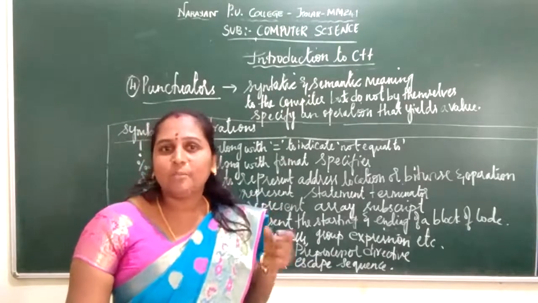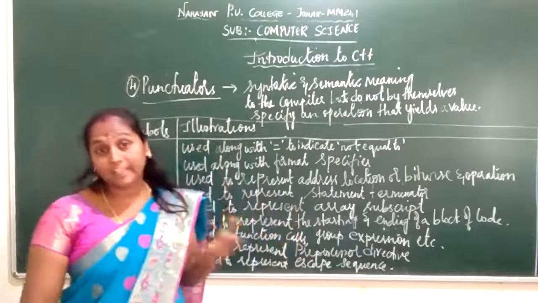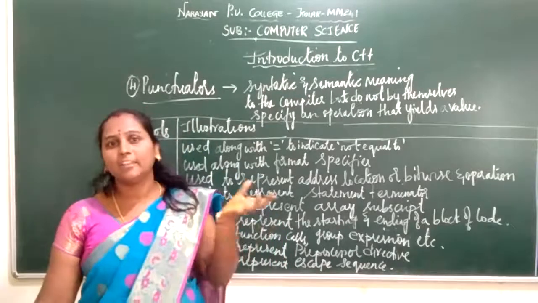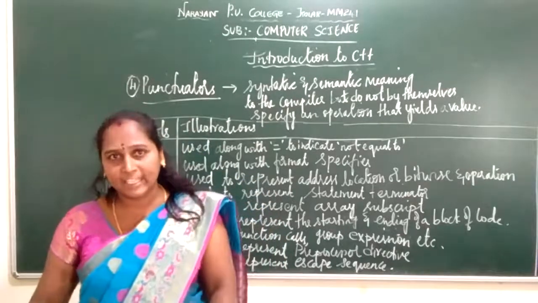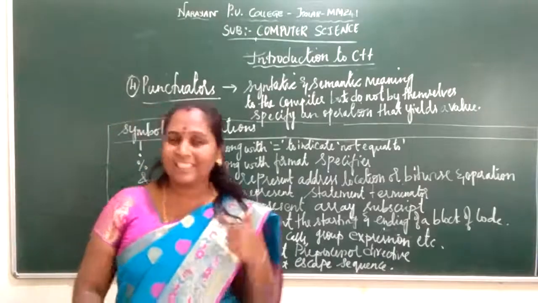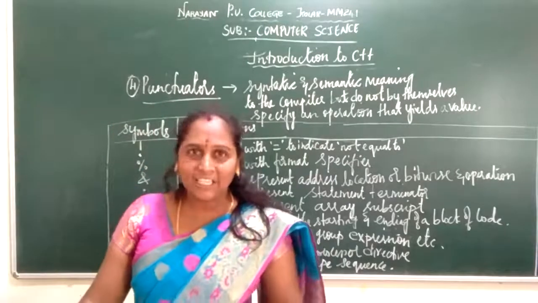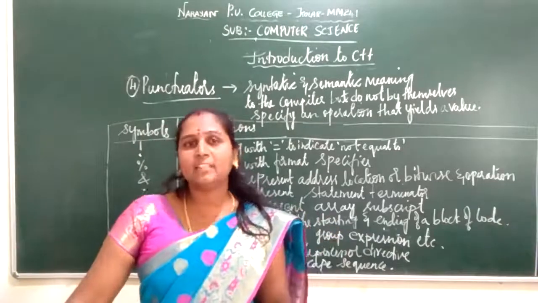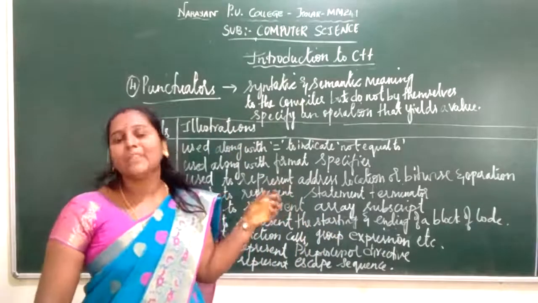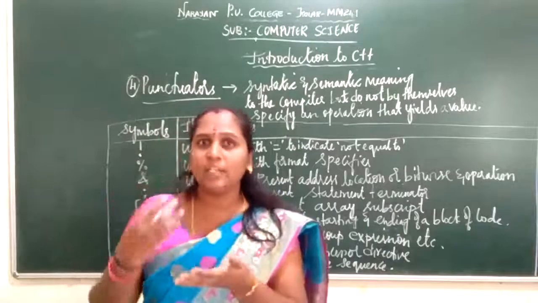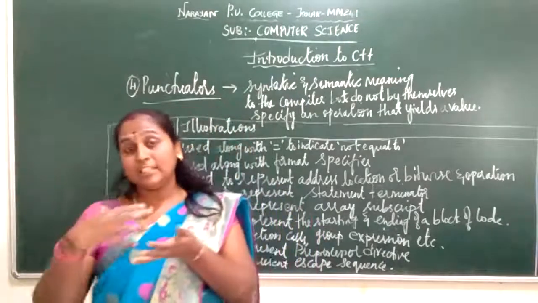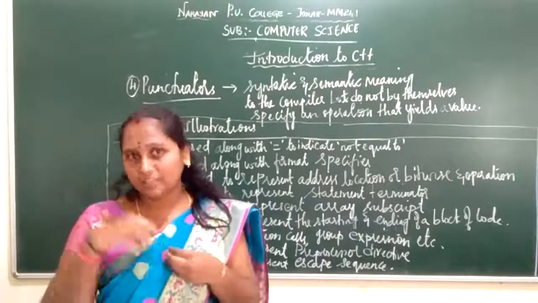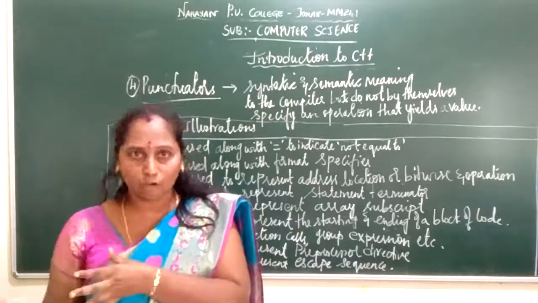A punctuator can be used alone, or it can be used along with another character set, a combination of other characters. Once again, I will explain. A punctuator has a syntax and semantic meaning for the characters we call punctuators. The compiler does not, explicitly or implicitly, perform any operation on this punctuator to yield some values.